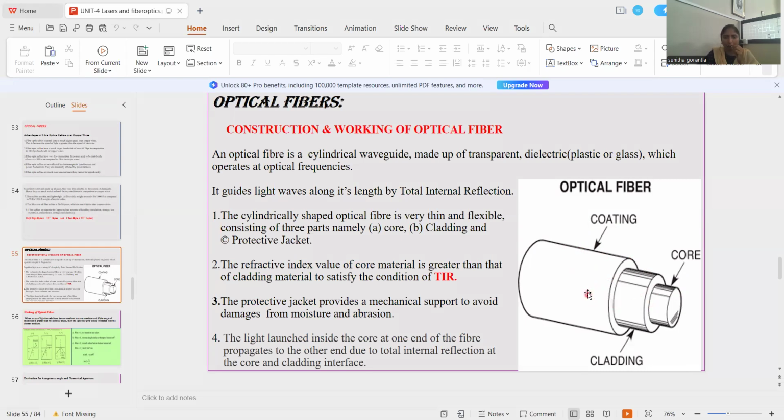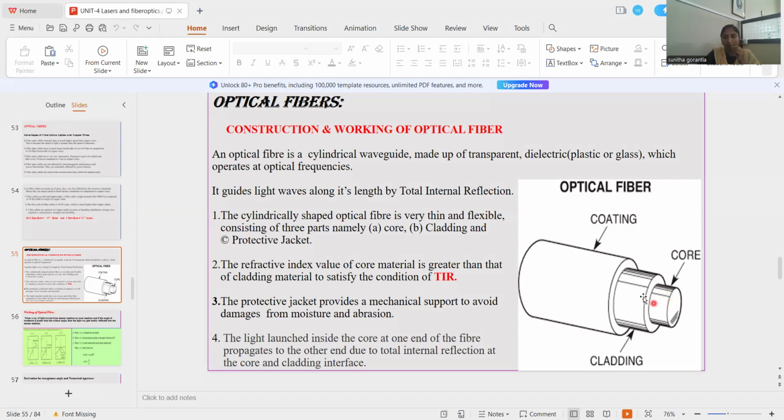First, the central layer is called the core. The diameter of the core is 50 micrometers, and the refractive index of the core is N1.